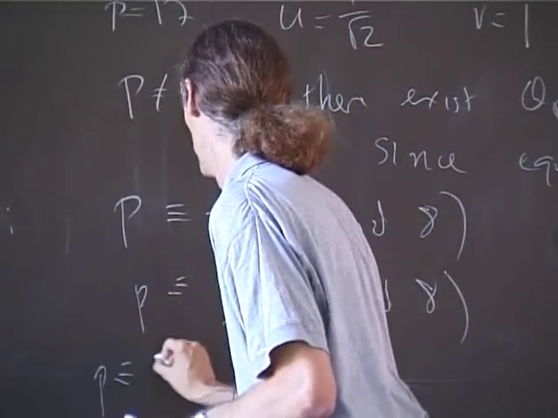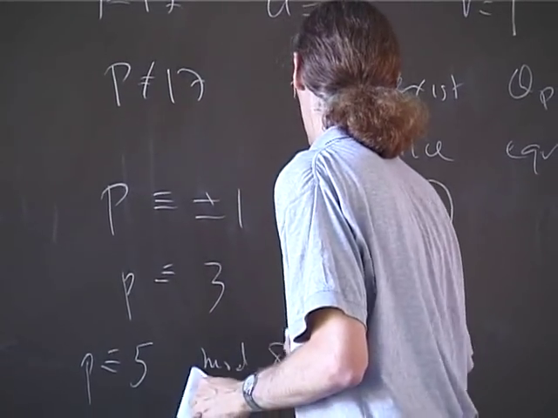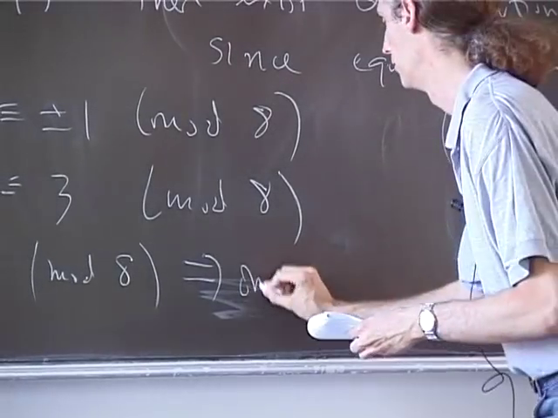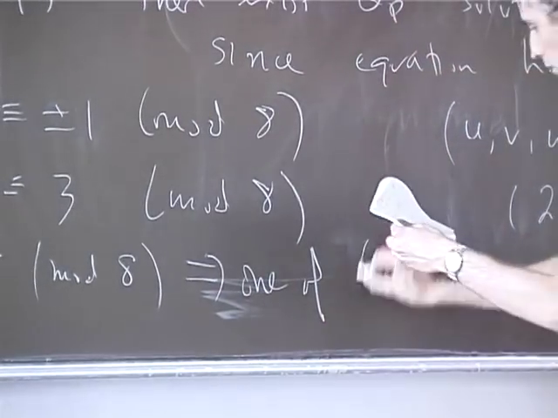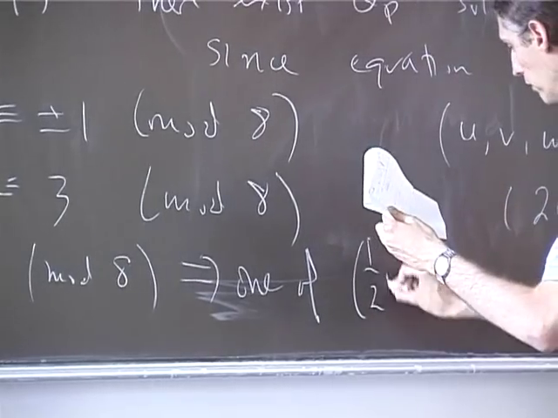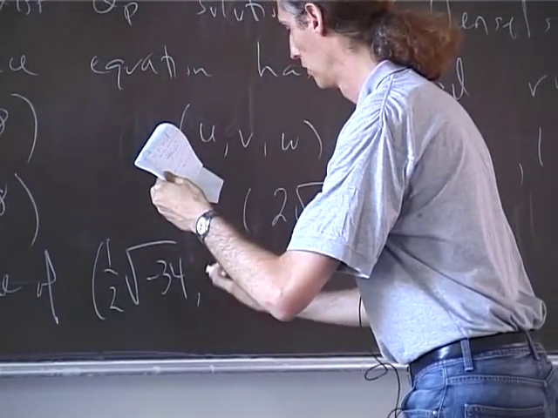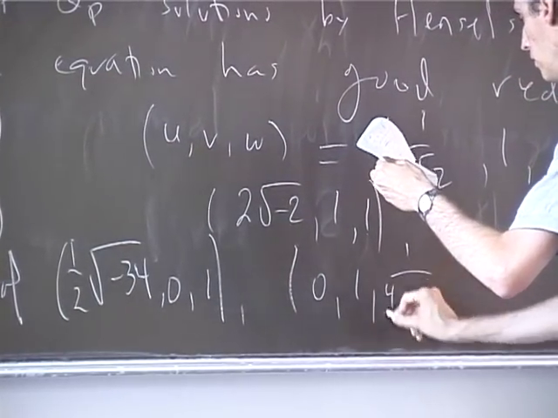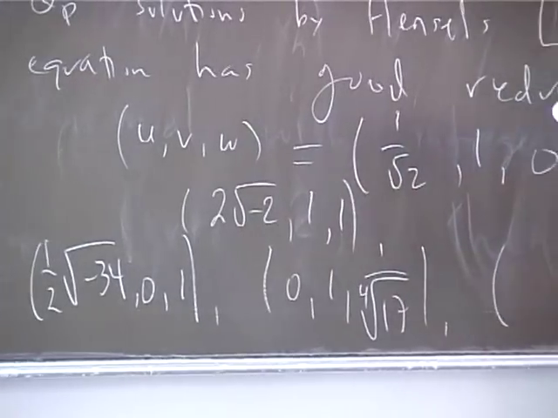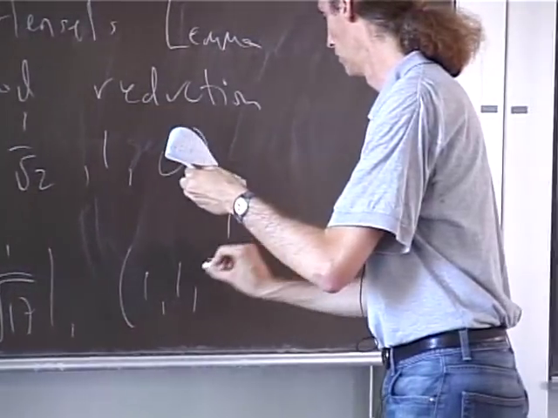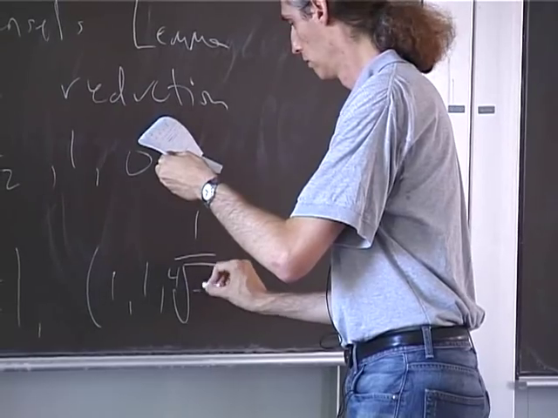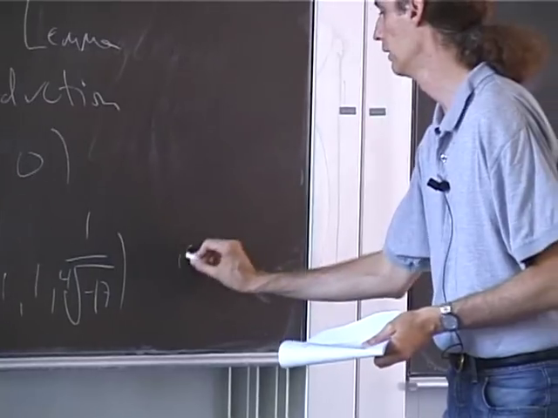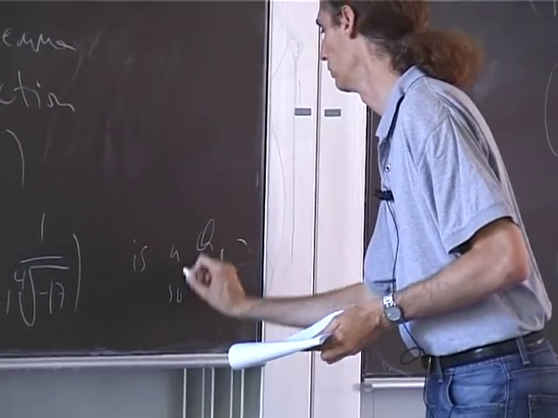So what's left? p is 5 mod 8. Then there are three possibilities. So one of these is a Q_p solution.